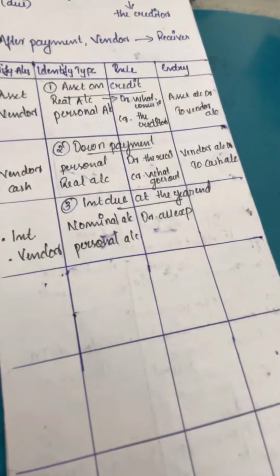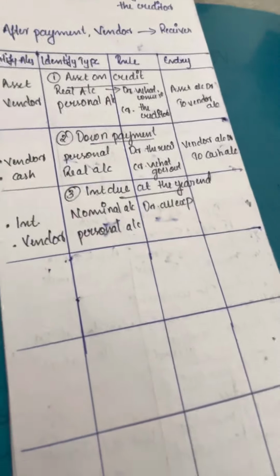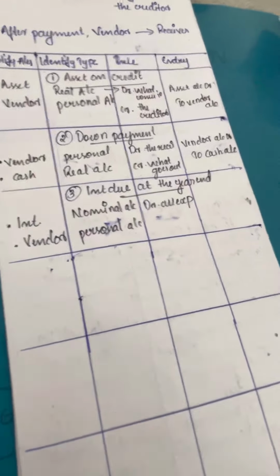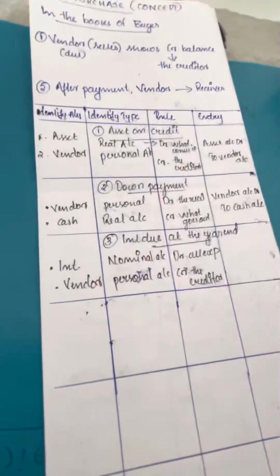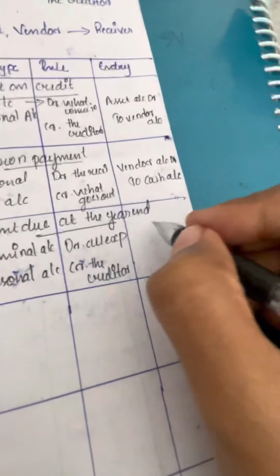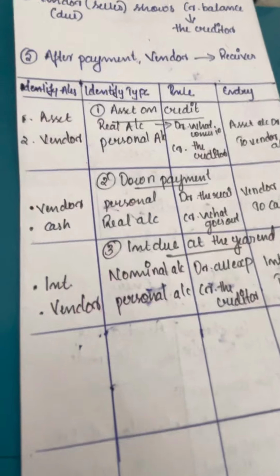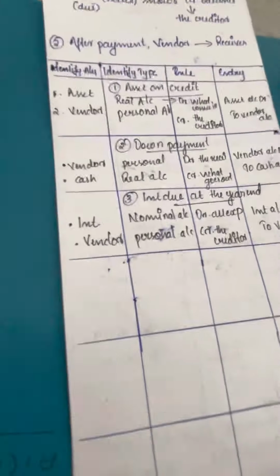Only in the case of payment does the vendor become the receiver; in the case of due, the vendor is the creditor. So credit the creditor. You must know about these two concepts. So the entry is interest account debit to vendor.